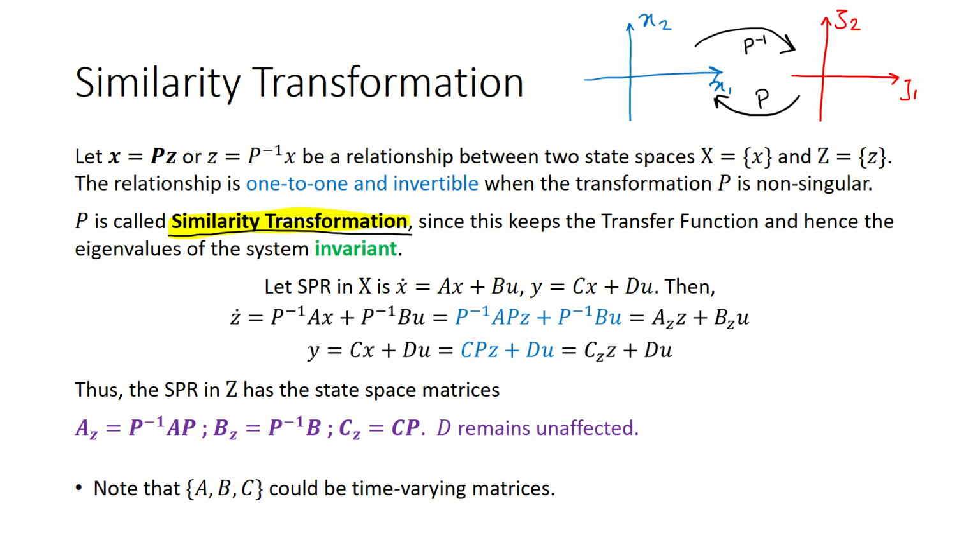And since the transfer function is preserved, the eigenvalues of the system are also preserved, and what determines the characteristic behavior of the system is these eigenvalues, not the state space representation. State space representation is simply a representation.